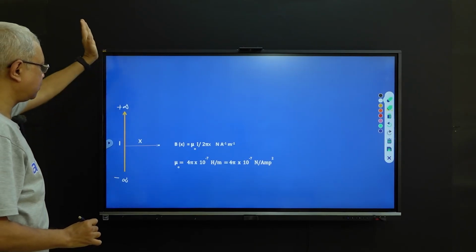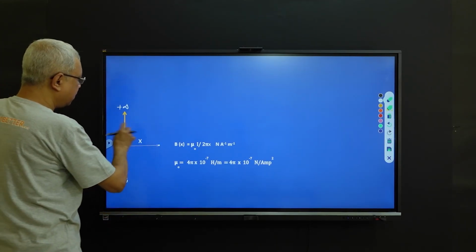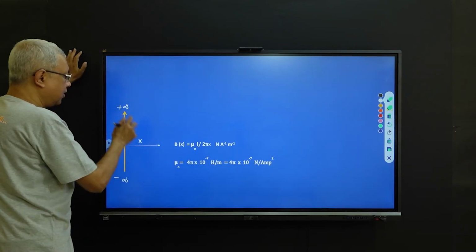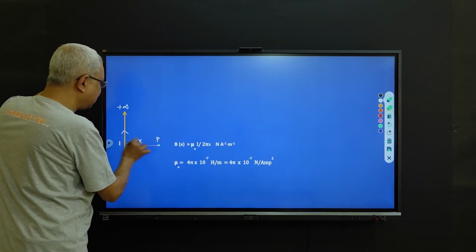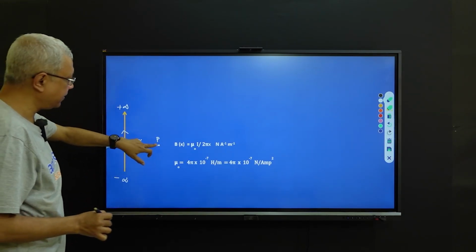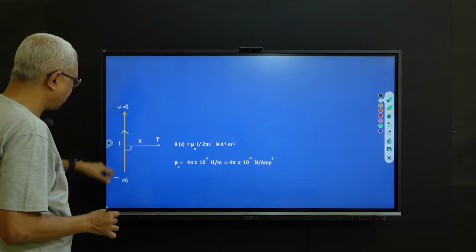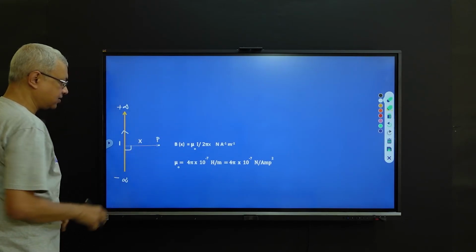An infinitely long straight wire carrying current I through it produces a magnetic field in the space surrounding the conductor. At a point P, which is x distance away from the conductor, where x is the perpendicular distance of P from the conductor, if you drop a perpendicular from P on the conductor, this length is x.